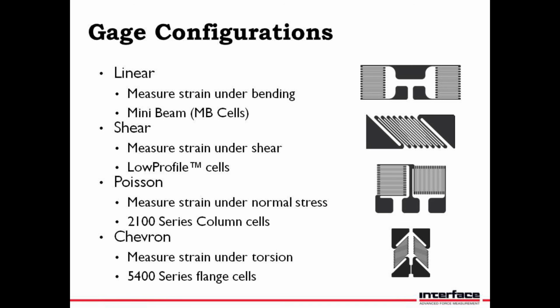The third image is that of a pulse-on gauge, which measures strains that occur along the center axis of the load cell and also deformations occurring perpendicular to the center axis. The last image is that of a chevron type strain gauge, which is typically used for torsion applications, and it's what you would typically find on some of our 5400 series transducers.